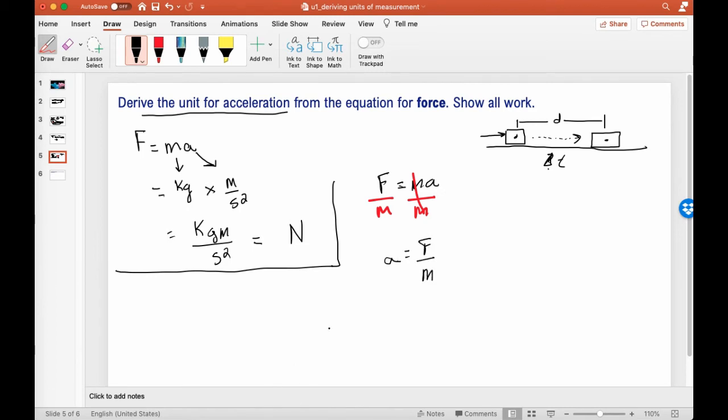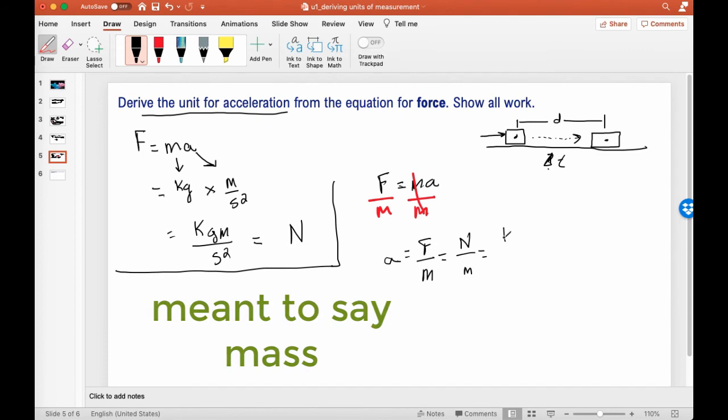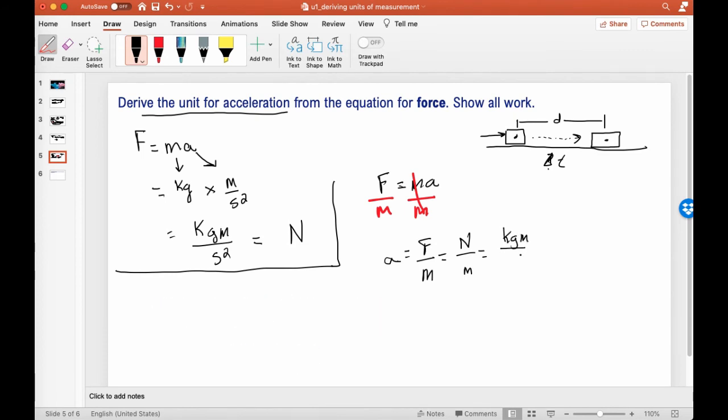Okay. So now, with this said, force we know is a Newton, and we know a Newton is kilogram meters per second squared, divided by the mass, right? Well, this is kilogram meters per second squared divided by the mass, correct?